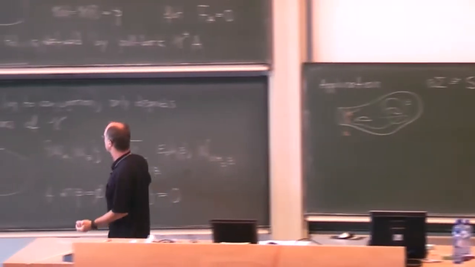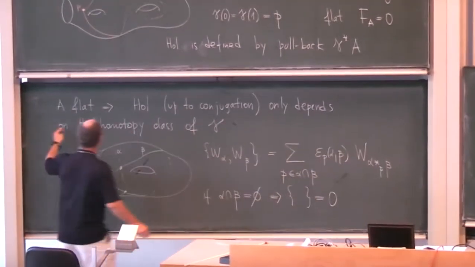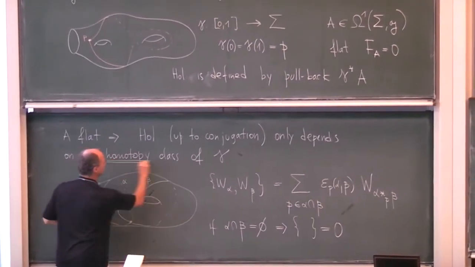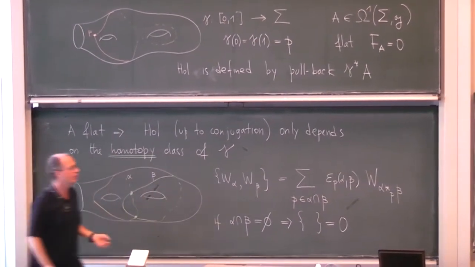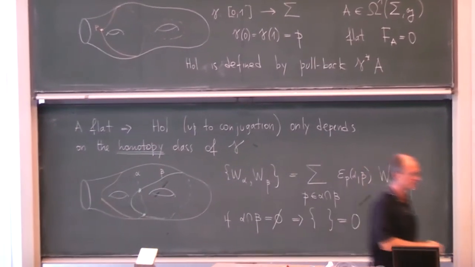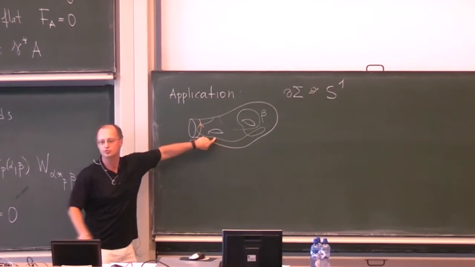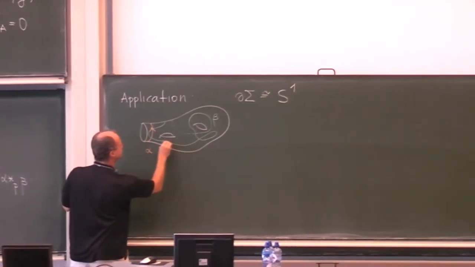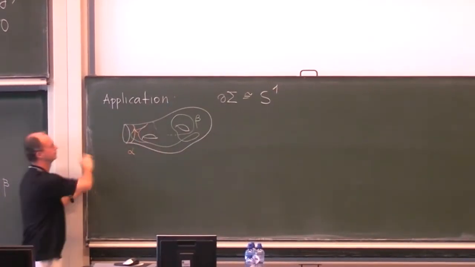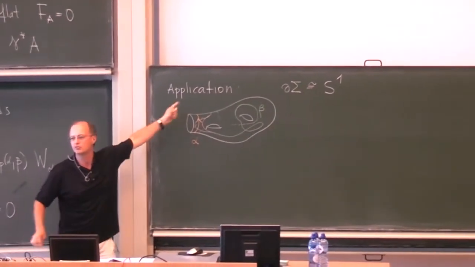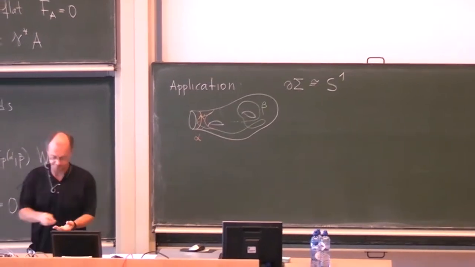But as I said, in the case of flat connections, you're allowed to move your curves by homotopy. So what should we do? Take this second curve and redraw it such that it no longer touches the curve which circles around the boundary.